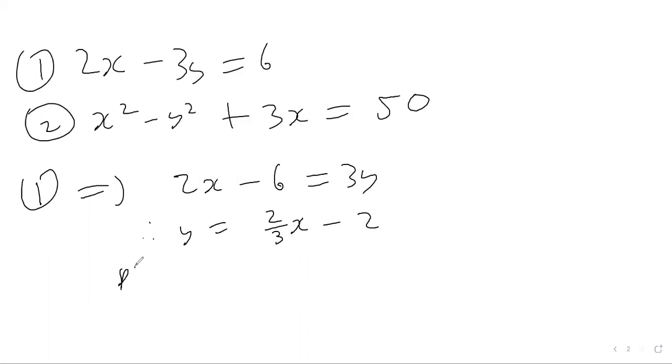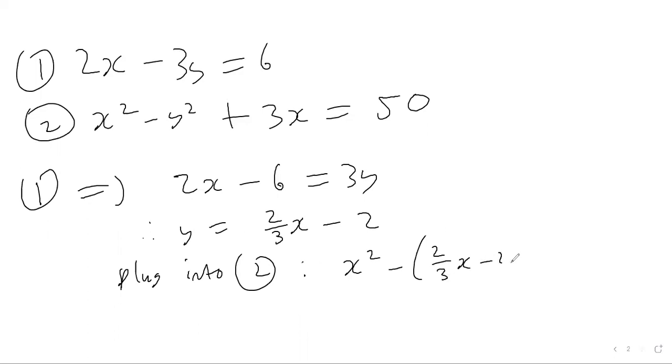If we plug this into equation 2, we get x squared minus y squared, so the square of this expression, 2 over 3 x minus 2, all squared, plus 3x, equals 50.